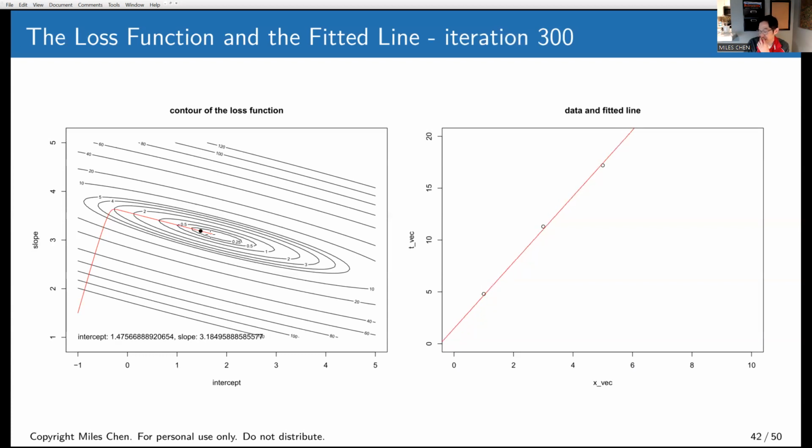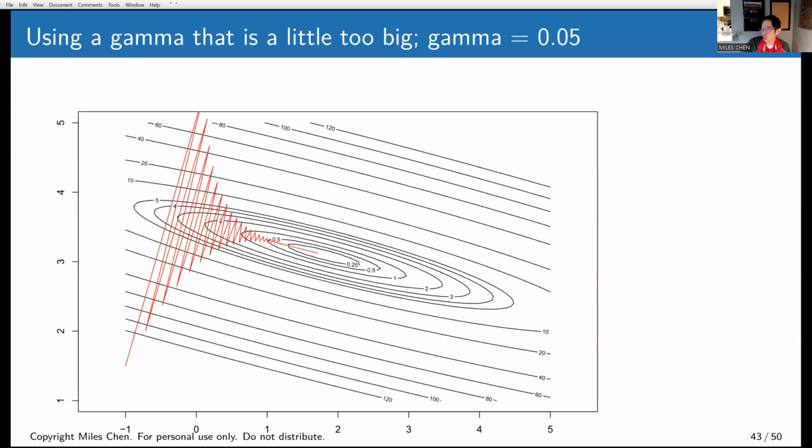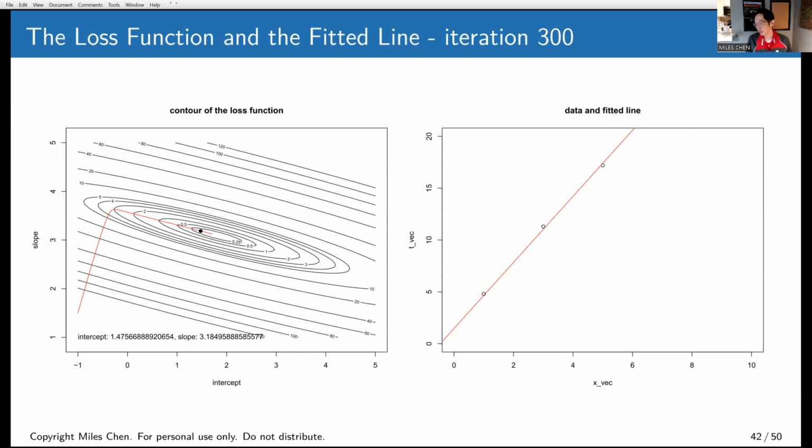That gets us pretty close to where we want. If we run a few more iterations, we'd eventually get to that local minimum where we hit the optimal values of 3.1 for the slope and intercept of 1.8.